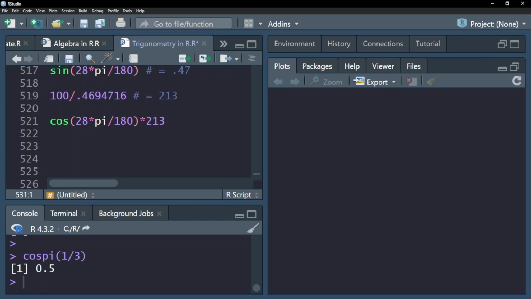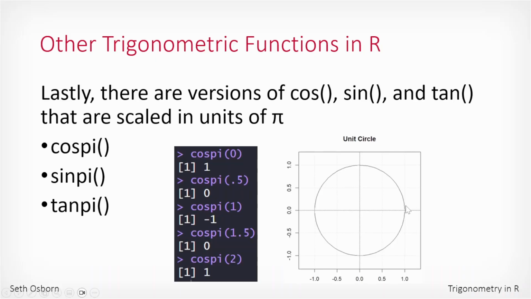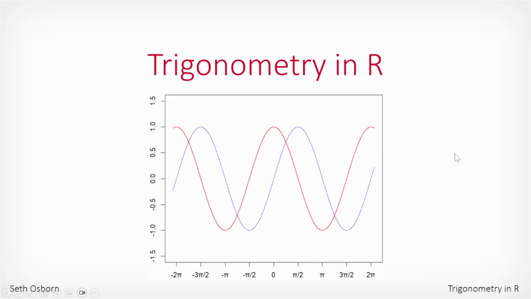We're saying cosine of 1/3 pi is 0.5 because 1/3 pi is 1/3 of the way to halfway. So in other words, 60 degrees, because 60 degrees is 1/3 of the way to 180. I personally don't use this, but you might have a use for this, and that's how you do it.